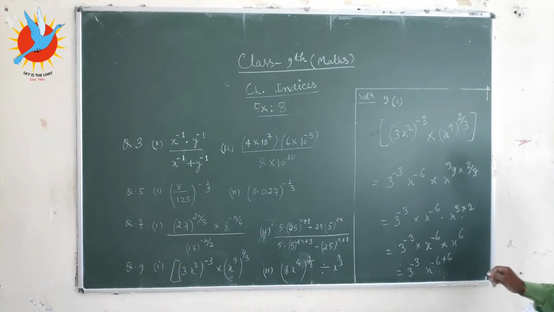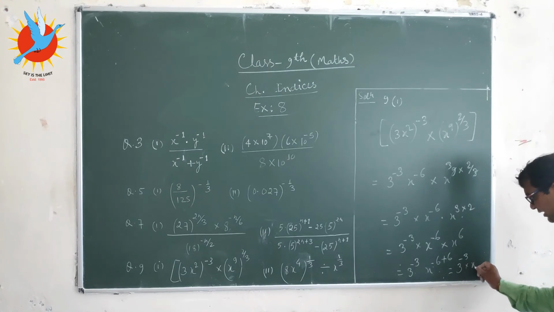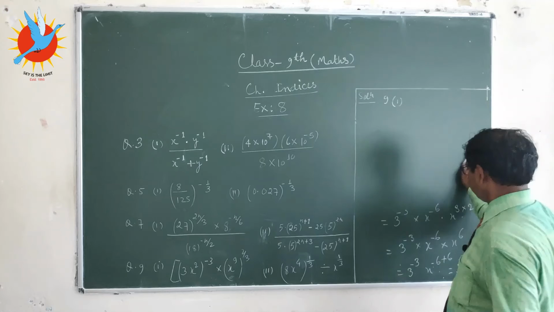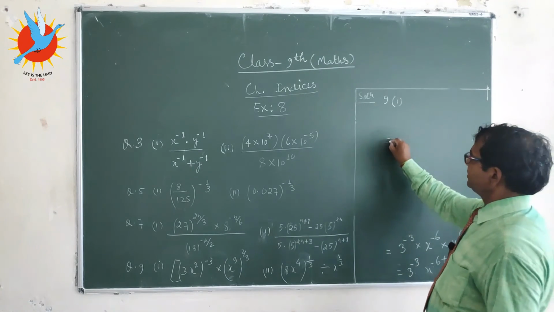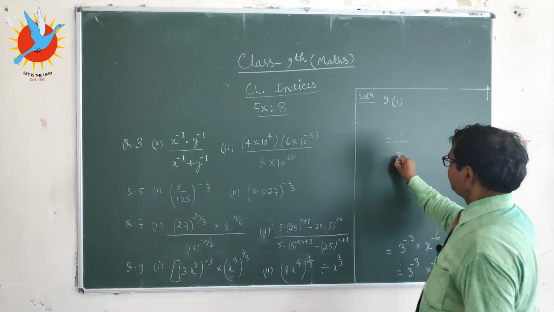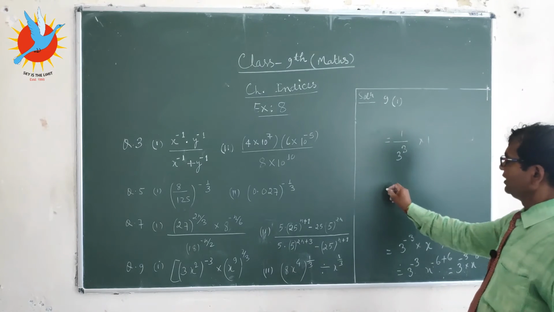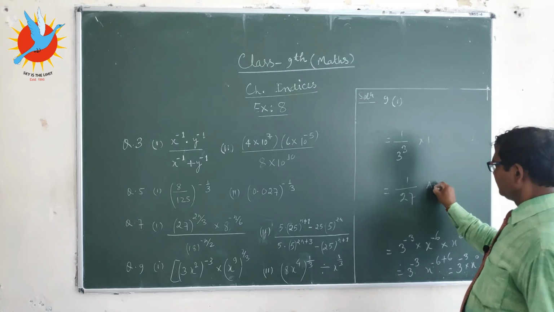This will be cancelled out, become 0, and 3 to the power minus 3 into x to the power 0. Now 3 to the power minus 3 can be written with a positive index as 1 by 3 to the power 3, and x to the power 0 equals 1, and this becomes 1 upon 27.